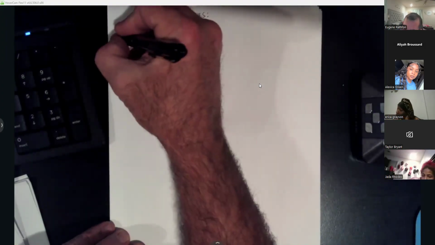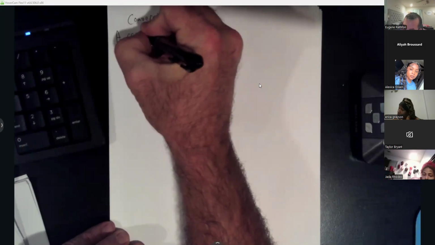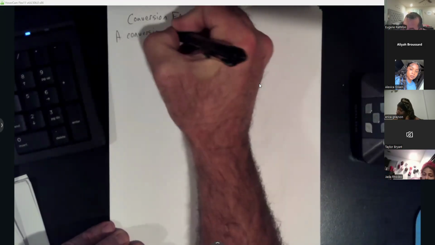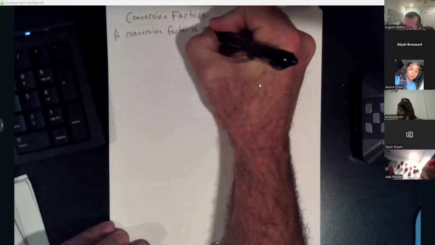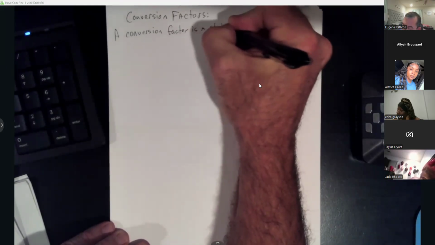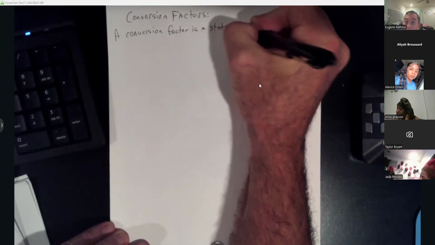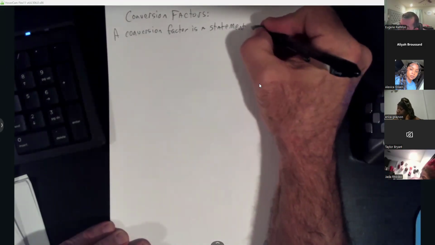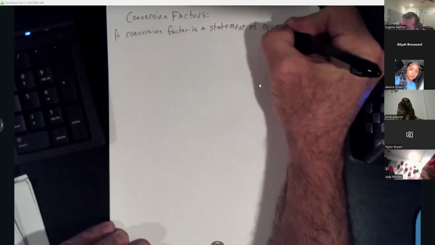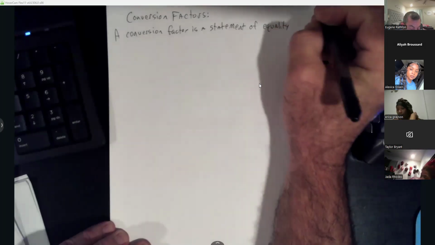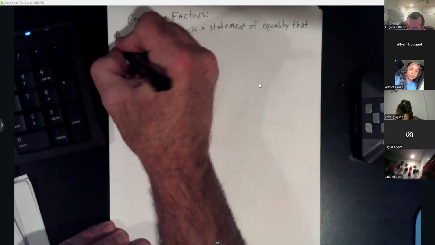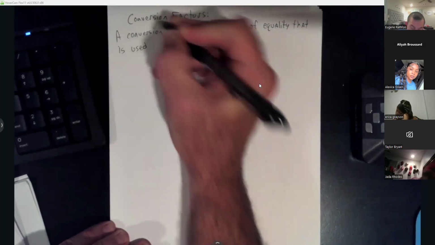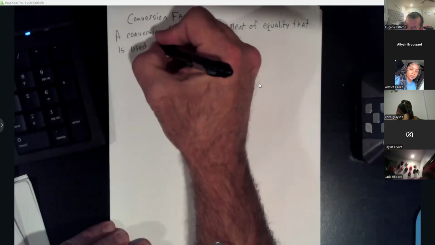All righty. So a conversion factor is a statement of equality that is used to convert between units.